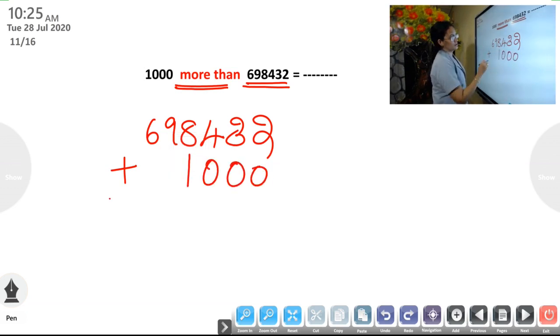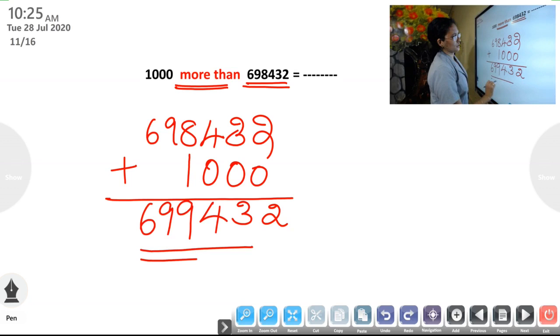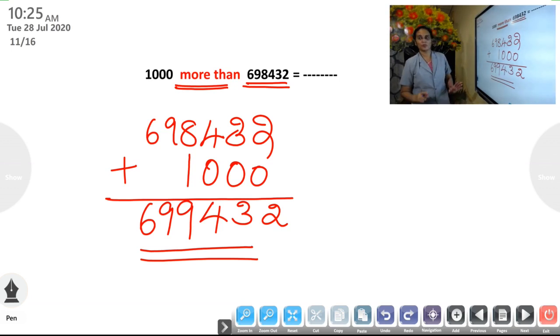Okay. Then do addition. 2 plus 0, very easy, 2. 3 plus 0, 3. 4 plus 0, 4. 8 plus 1, 9. Here 9 itself, 6. Okay. So answer is 6,99,432. So more than means, how will you find more than of a number? You have to do addition.